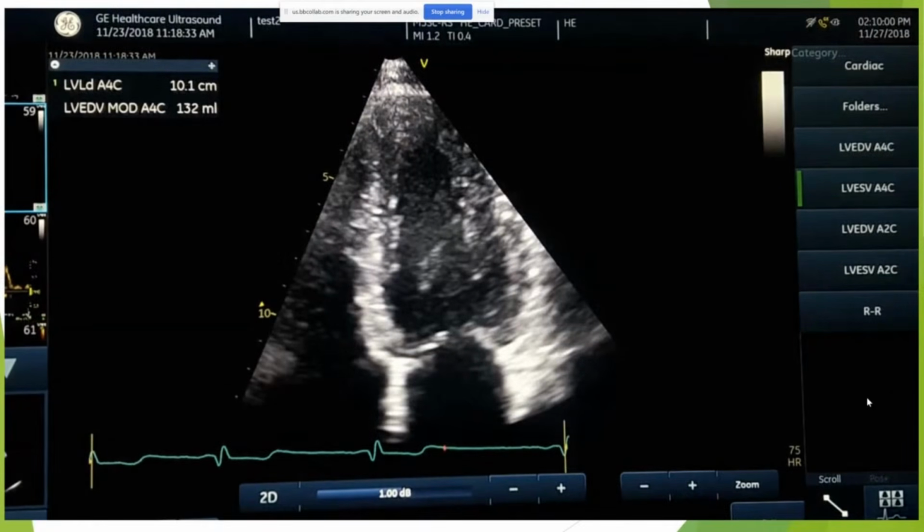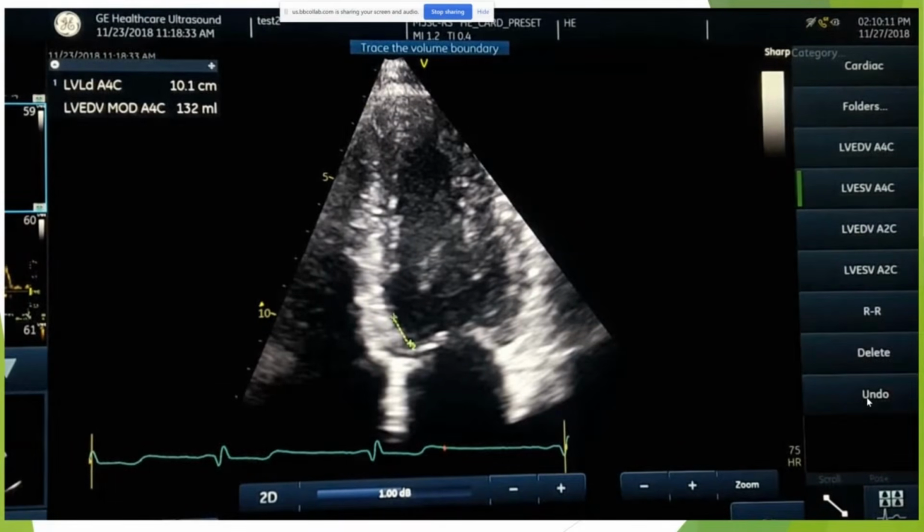And then again we go for the measurement. We start again at the medial annulus and trace the endocardium here. As you notice, I cut some part of the trabeculation and papillary muscle, so I don't include them.